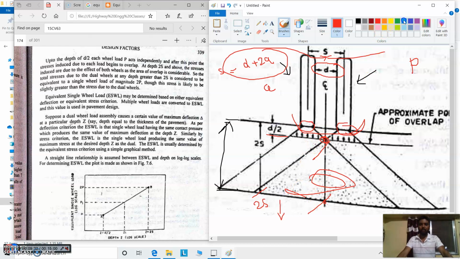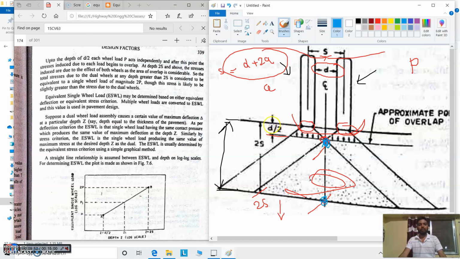In this area we need to consider the deflection caused by a particular load at the rear end of the vehicle. So the equivalent single wheel load may be determined based on either equivalent deflection or equivalent stress induced in these particular areas.